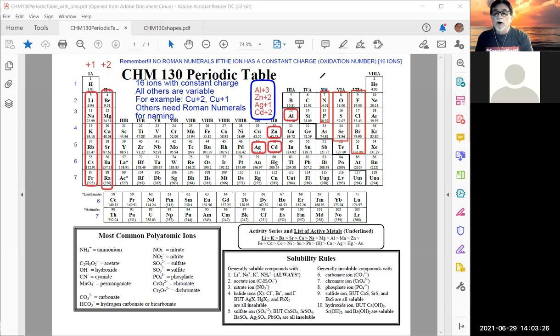Group 5 always have a -3. Group 6 will always have a -2, and group 7 always have a -1. So right now, you know 9 charges for the nonmetals when they become ions.